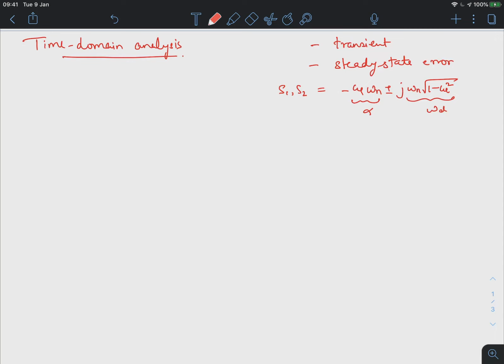Now in the pole zero map, or in the s plane, we have j omega as the vertical axis and sigma as the horizontal axis, and this is our s plane. Okay, so let's say we have a complex conjugate pole located at this point.